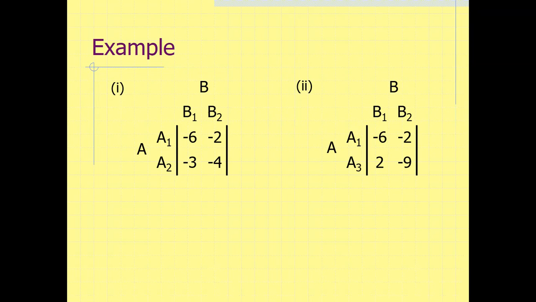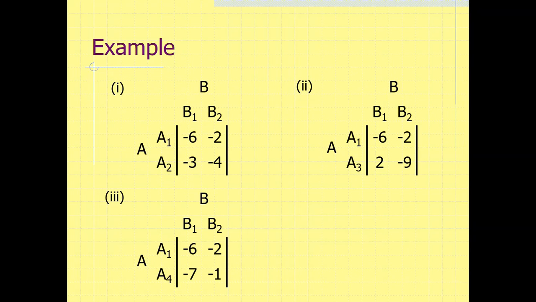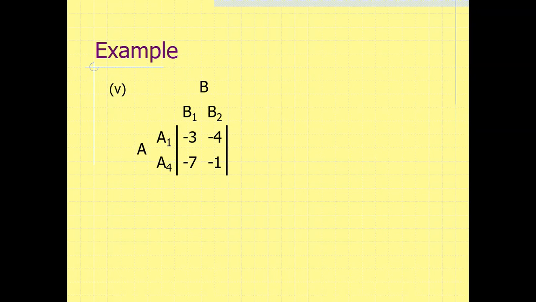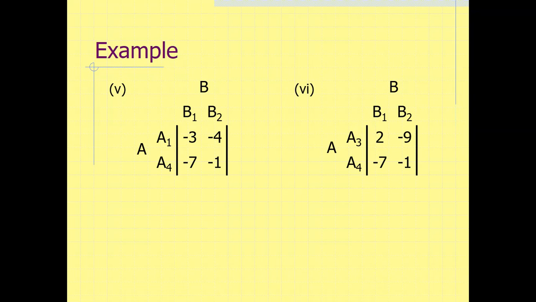The 6 subgames are: the first with A1, A2, the second with A1, A3, the third with A1, A4, the fourth with A2, A3, then A2, A4, and then one more with A3, A4.